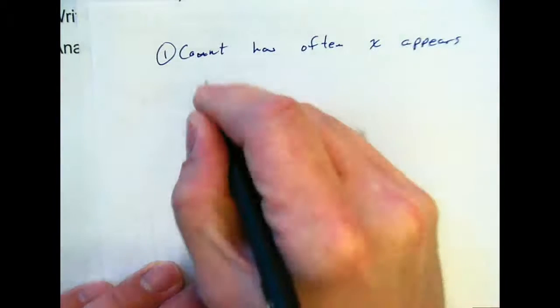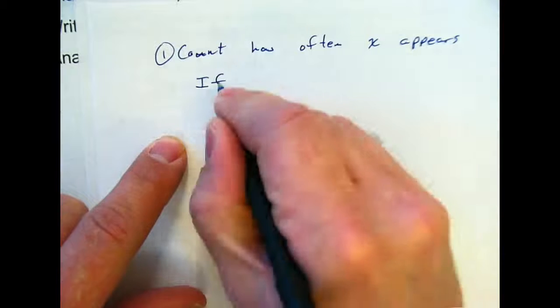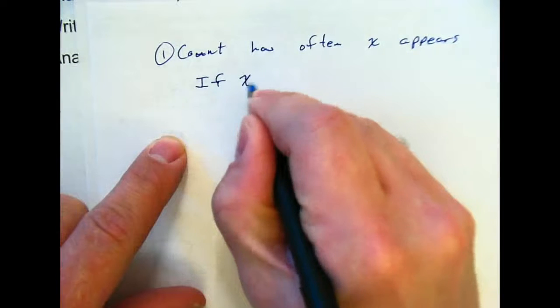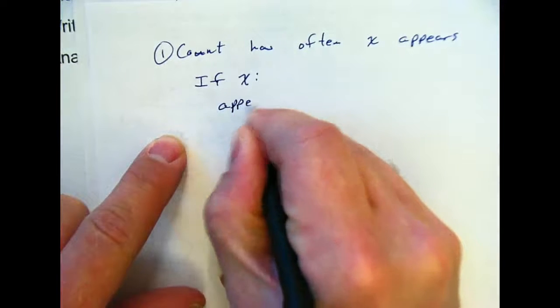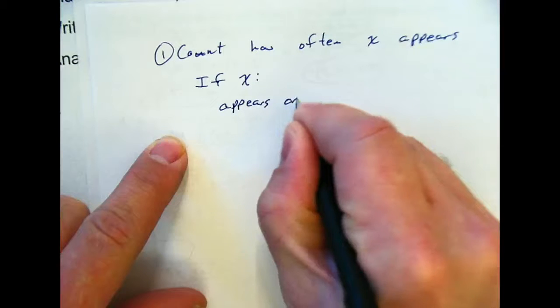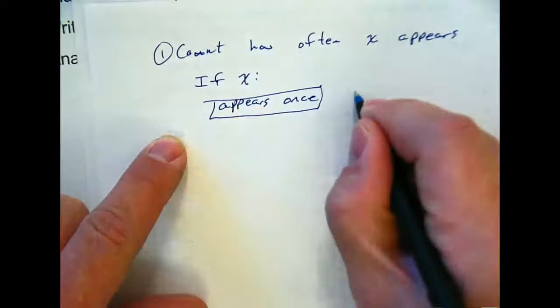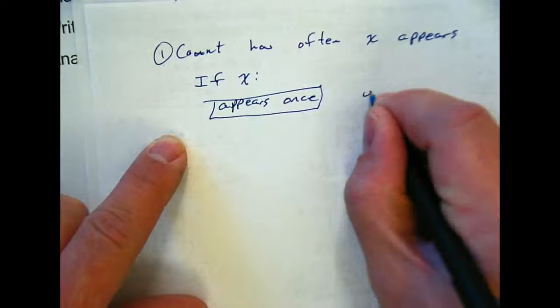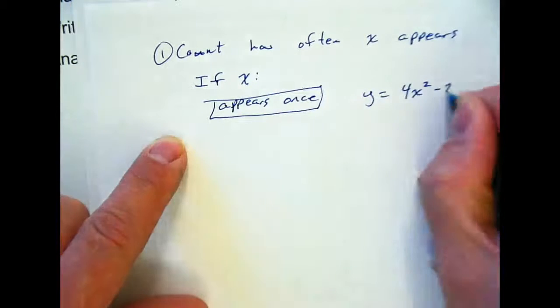Okay? So, if x appears once, okay, that would mean, for instance, y equals 4x squared minus 2.